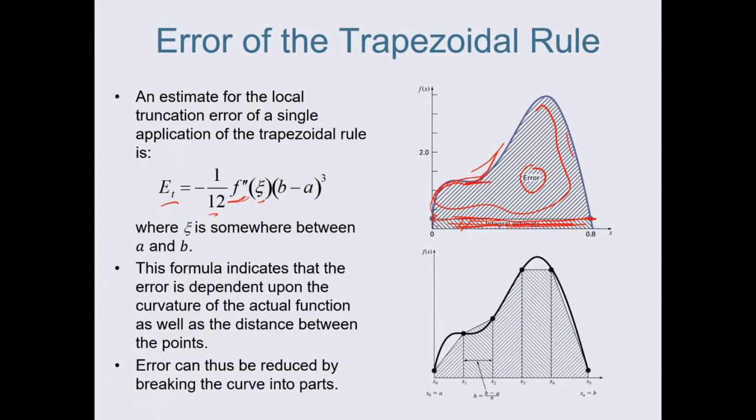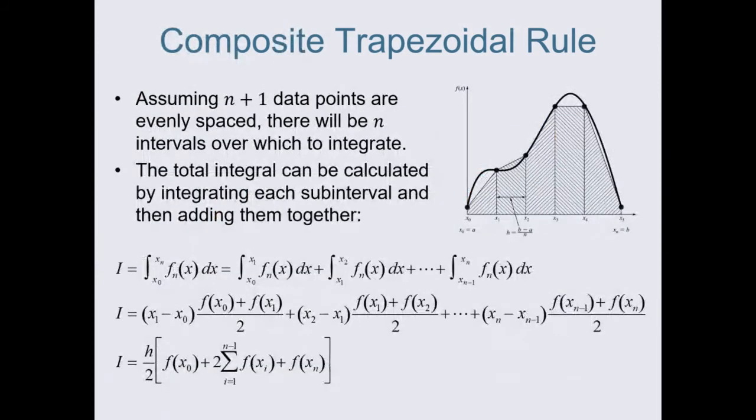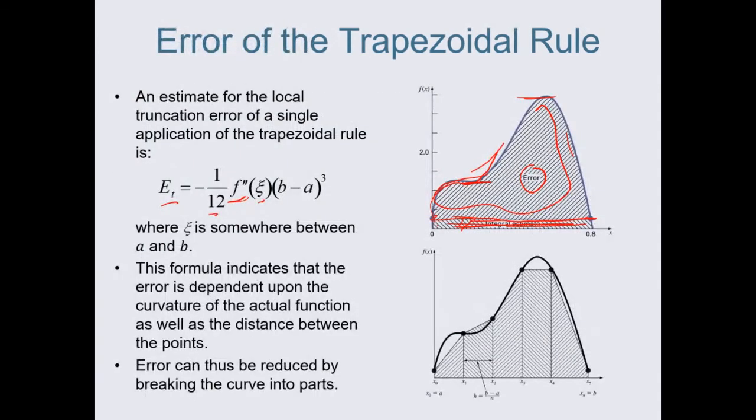Might be here we have the same slope, could be here also, so we could have 2 points here where we have the same slope. At that point we call it xi. So it depends on the second derivative at that point, and b minus a to the power 3.